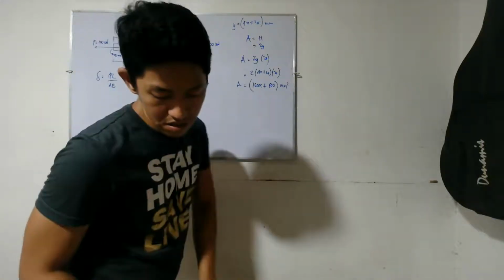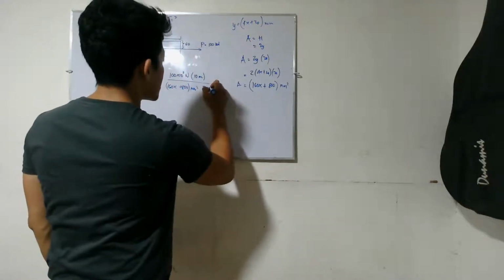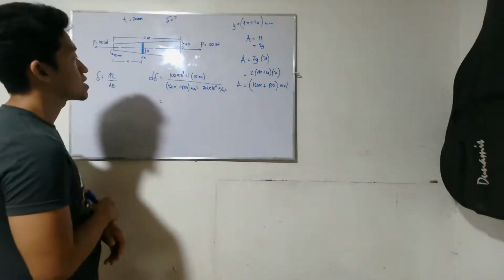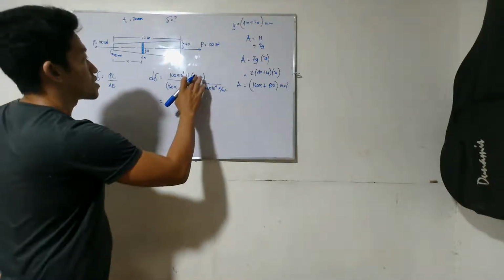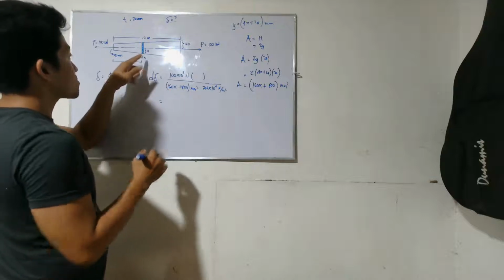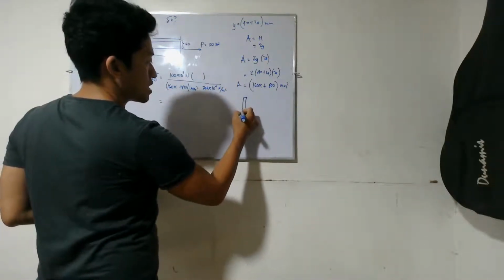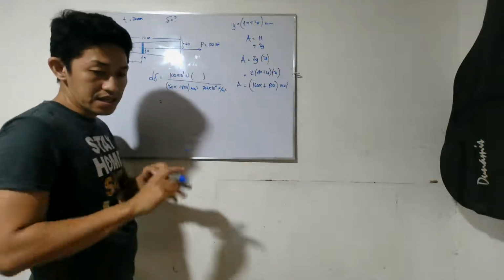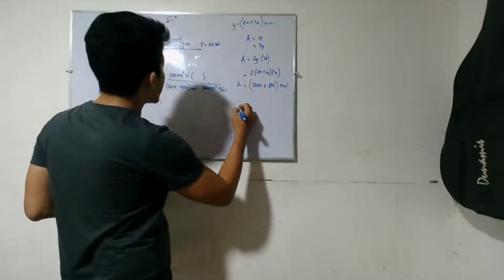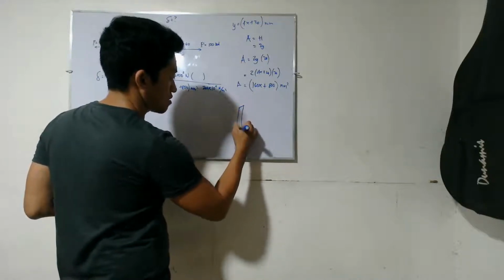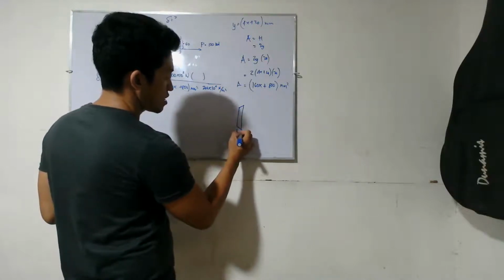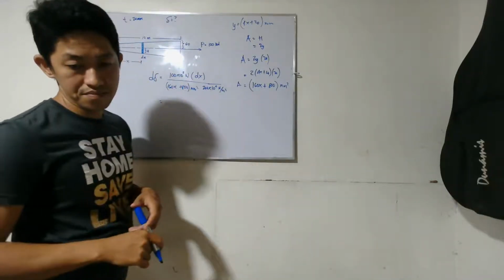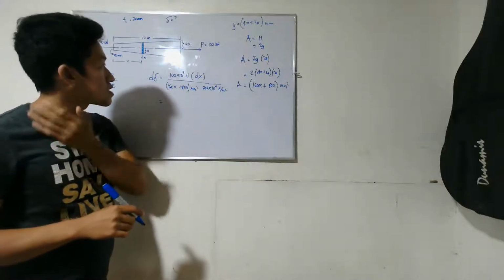The modulus is 200 times 10 to the 9 Newton per m squared. For the length, it is not 10. The length of this strip is dx. It is tensile, since it is being pulled and tapered, so the length is dx. It becomes 100 times 10 to the 3 dx.